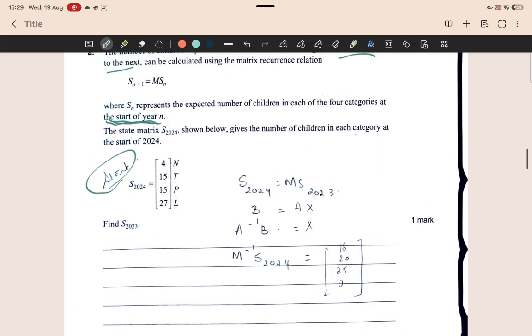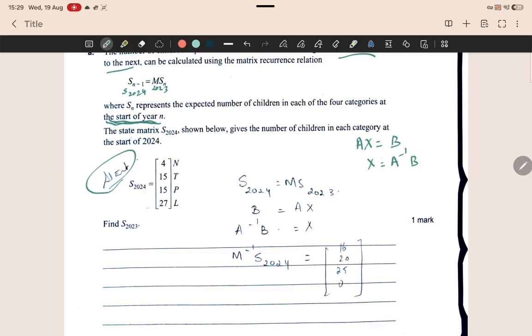This is an application of Ax is equal to B. So x is equal to A inverse B. So they have given you that a transition on 2023 is equal to 2024.